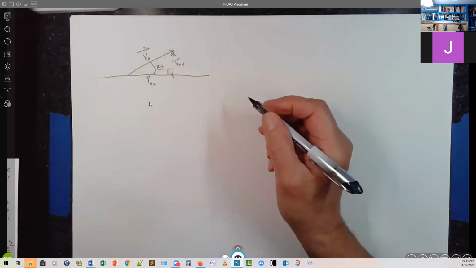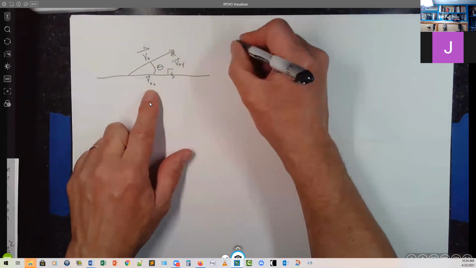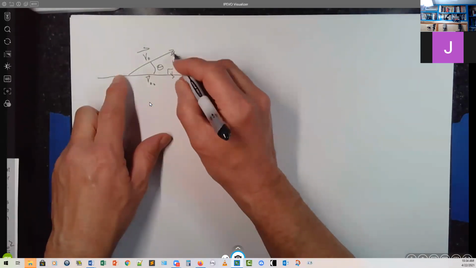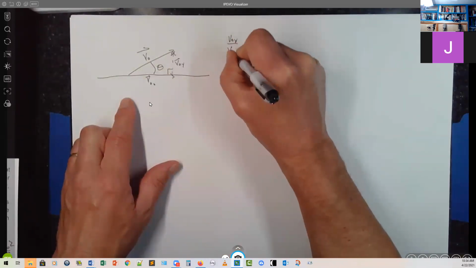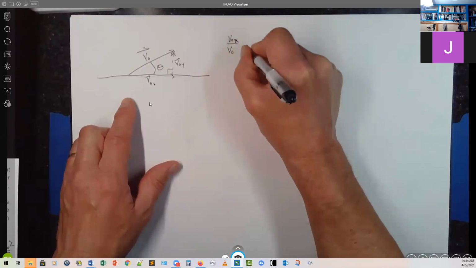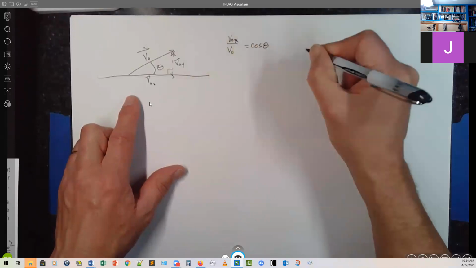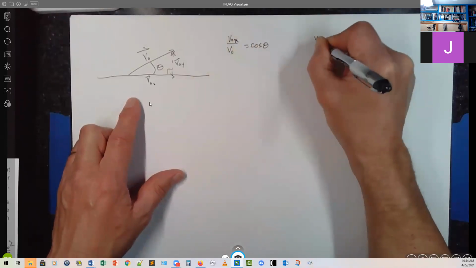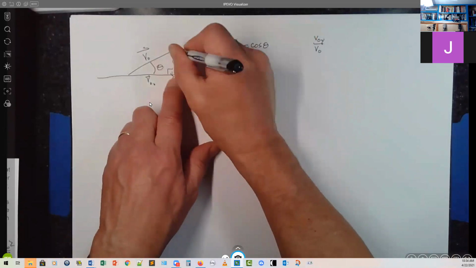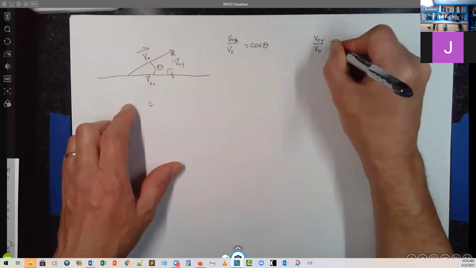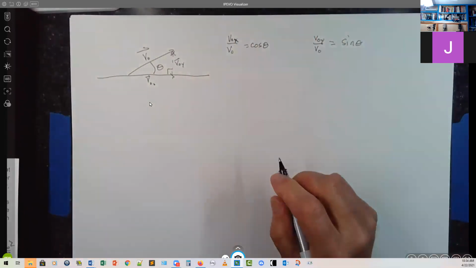Something we'll use in all of our projectile motion problems is that the magnitude of V0x divided by the magnitude of V0 is the cosine of that angle. And V0y over V0, the side opposite that angle divided by the hypotenuse, is by definition the sine of whatever the angle happens to be.